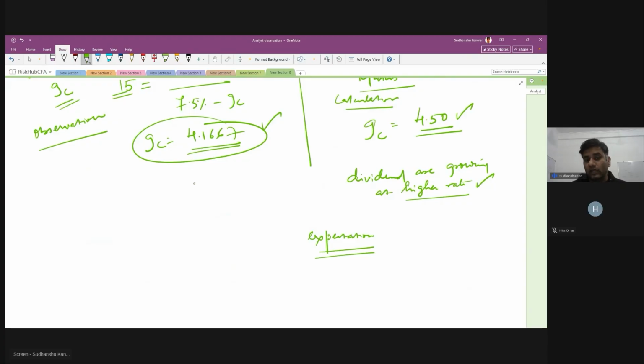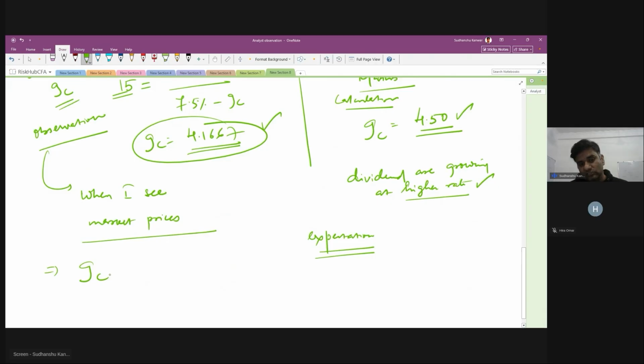So you say, okay, right now when I see market prices, I see GC is equal to 4.167.